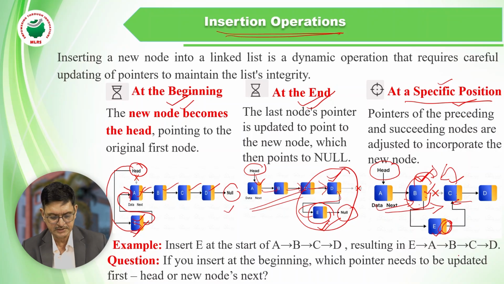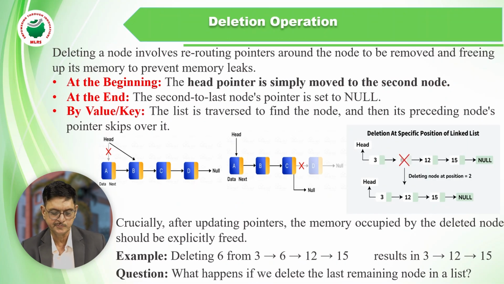After this insertion, if you are inserting at the beginning, previously if the list of nodes was A, B, C, D, now it becomes E, A, B, C, D. If you are inserting at the end, the list becomes A, B, C, D, E. If you are inserting in the middle, it becomes A, B, E, C, D. In such fashion, we can insert any node at any specific position.